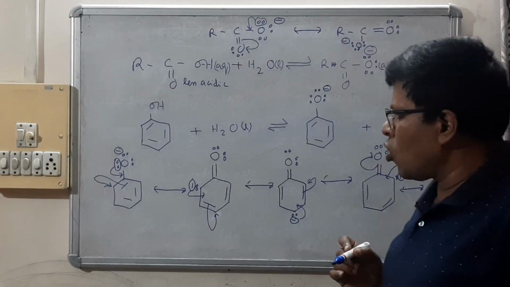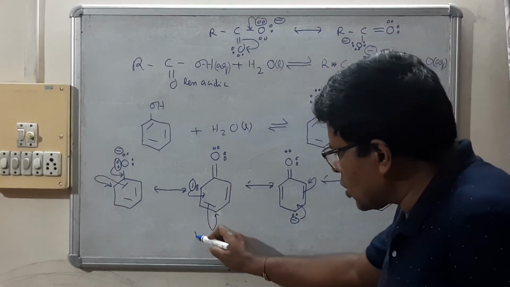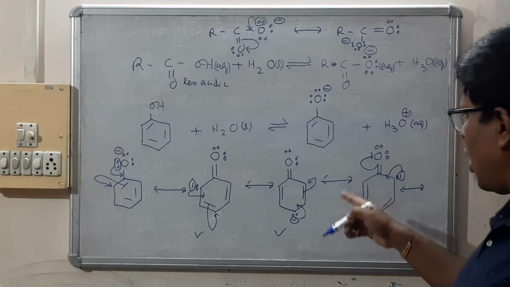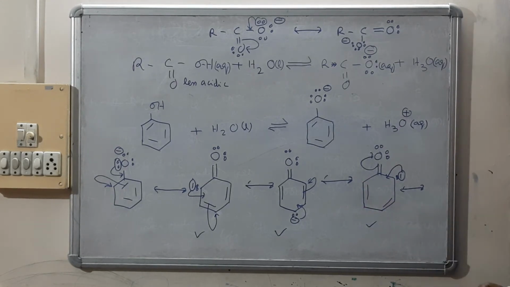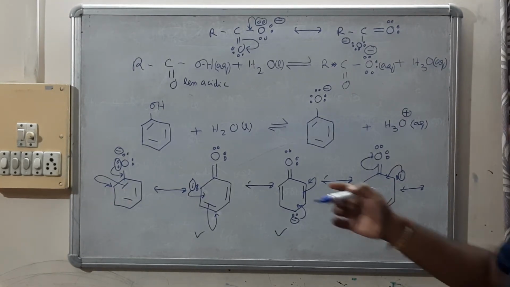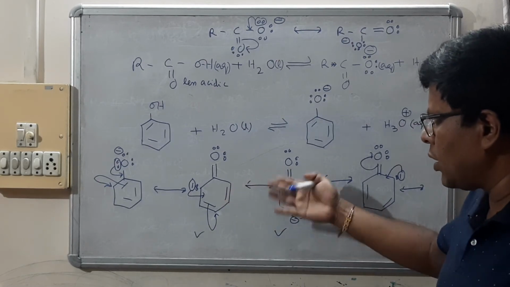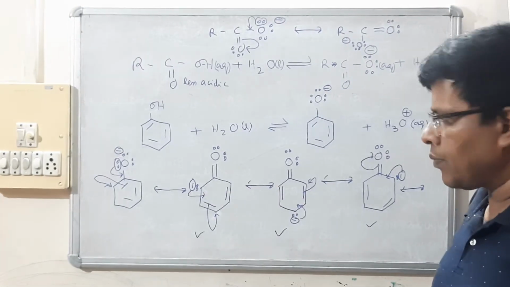So these structures, though we have drawn them, will not be so important. They will not give much stability to the resonance hybrid.